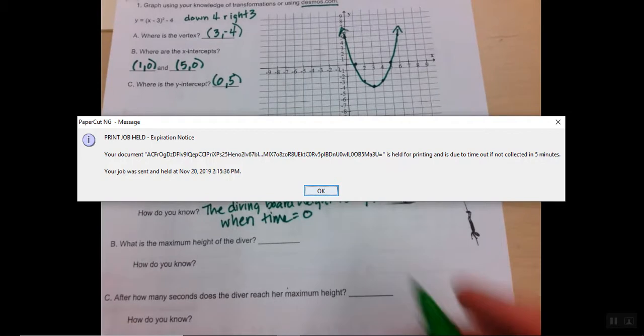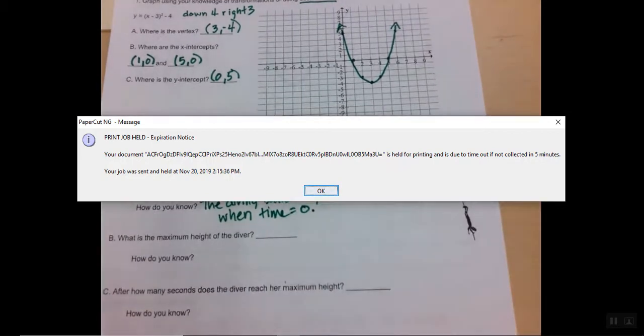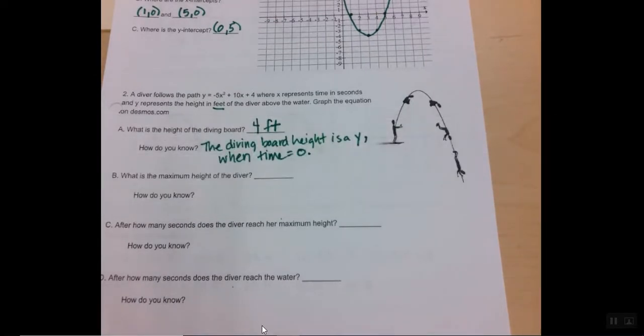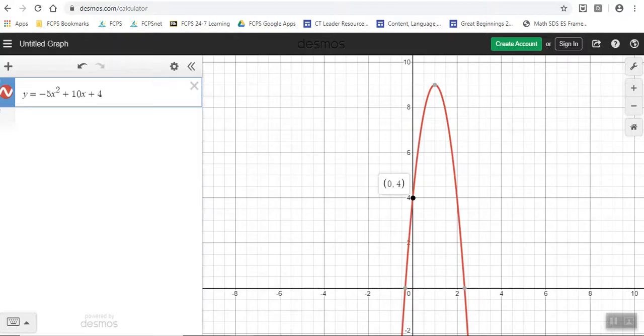Yep. Alright, maximum height of the diver. Let's look at that one. Hey, Husin, since you're up, will you go to the board for me? This is the diver here. Can you point without touching the board? Can you just point to where the maximum height of the diver is? Excellent. Momo, what's that point called? It's the vertex, that's right.